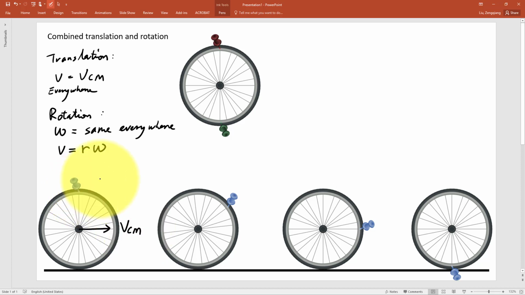So the condition would require this, right? If you look at this, v equals r omega. So that seems to be the rolling without slipping condition. So let's do v equals r omega is rolling without slipping.